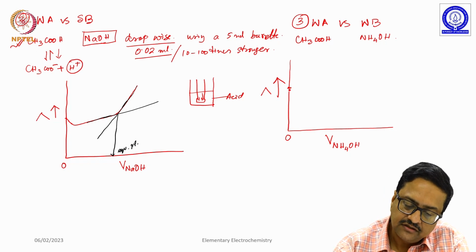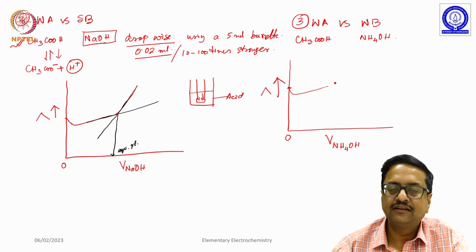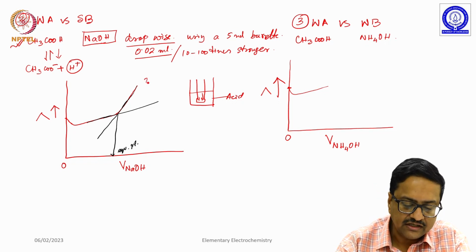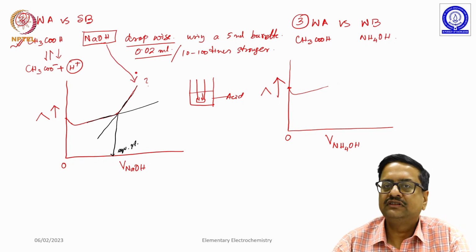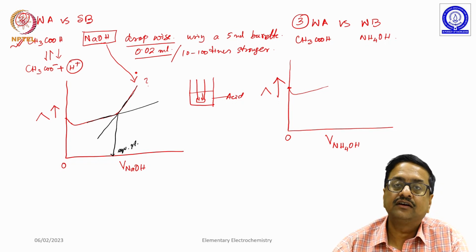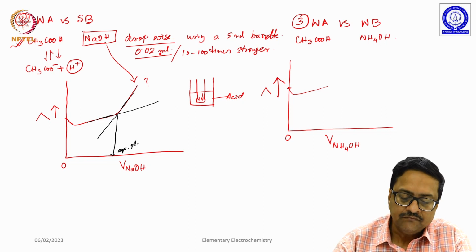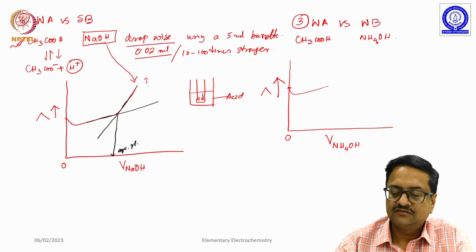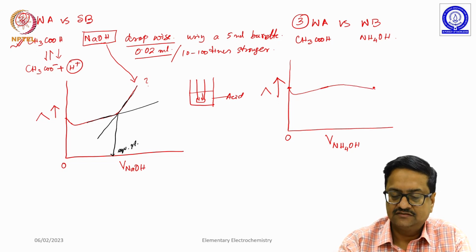Then initially the conductance will fall and then it will slowly increase, and beyond the equivalence point, what was happening here will not happen there, because there I was adding NaOH, which is already dissociated and it increases the conductance of the solution significantly. So there was an increase in conductivity. Whereas NH4OH is not a strong electrolyte, it is again a weak electrolyte, so the conductivity will go like this.